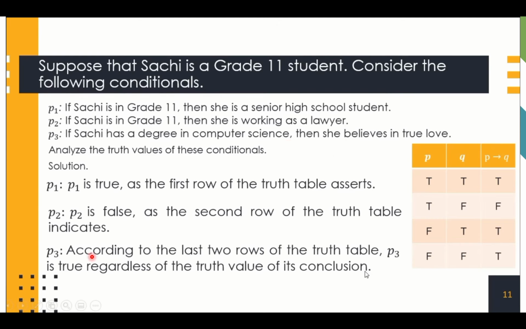Okay, so it says here, according to the last two rows of the truth table, P3 is true regardless of the truth value of its conclusion. So our first single component can be false and the statement is still true. Because when you are grade 11, or a senior high school student, even junior high, you also believe in true love.